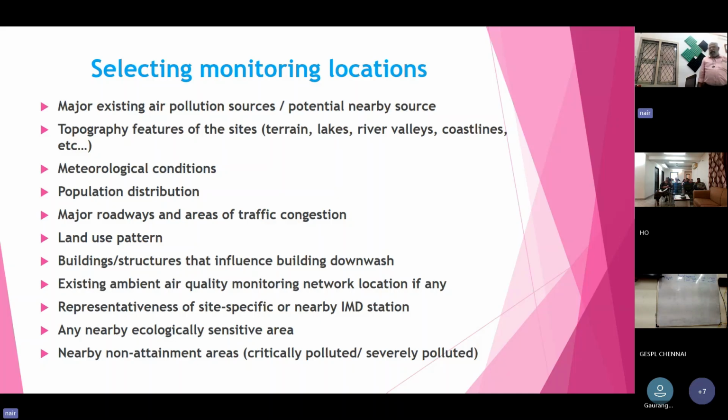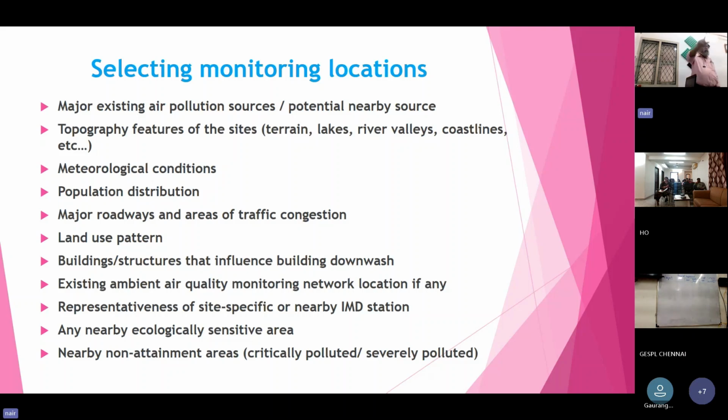Any nearby ecologically sensitive area. If an ecologically sensitive area is there, that also you have to think of. It is very sensitive. Then nearby non-attainment areas. Non-attainment areas means critically polluted or severely polluted or legally specified areas. Legally, it is told that it is a very critical area.